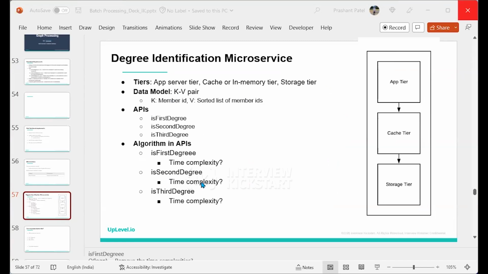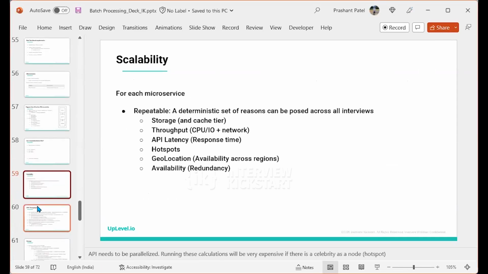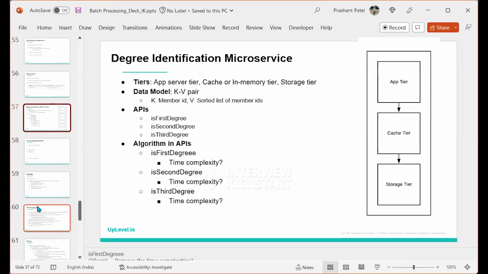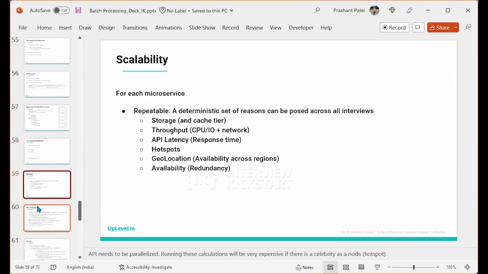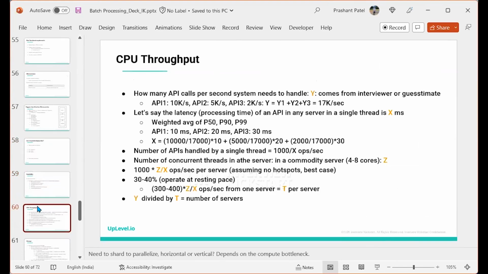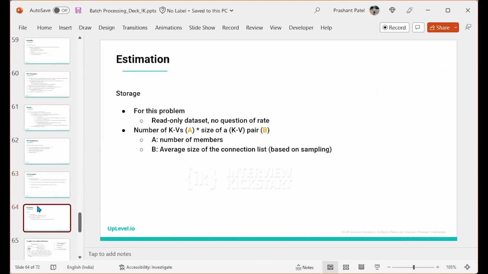Then when scaling, it would be deployed and we will scale based on different aspects. After we have defined the microservice, you have to take decisions on what makes this system a scalable solution. While discussing the algorithm, discuss the complexity as well, or the interviewer would ask you what the complexity is. For scalability, you can mostly focus on storage as well as cache storage.